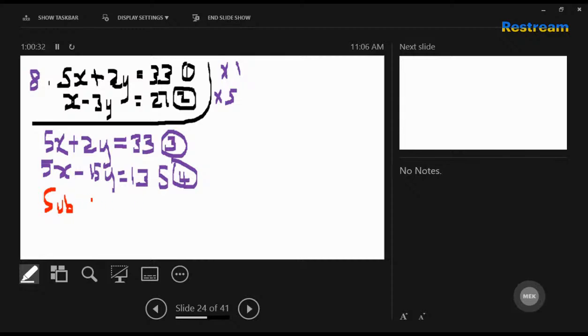This time I'm going to take equation 3 from equation 4, and I'm doing that because this number is bigger than that one. But you could have worked it the other way, just that you would end up with a negative number, but that's fine. So that from that is 0. So it will be negative 15y minus 2y, which is negative 17y.